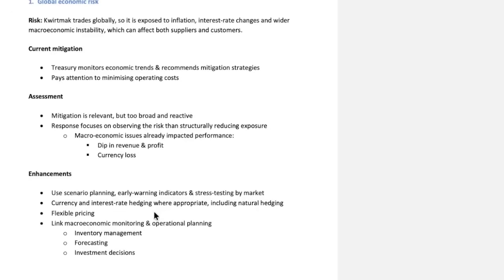Since there is no mention, be prepared to suggest better mitigatory strategies when you are dealing with questions to do with global economic risk exposure. And we might have to adopt flexible pricing, especially when dealing with customers located within countries which are exposed to extreme levels of inflation or adverse macroeconomic factors. And also, we have to link macroeconomic monitoring to operational planning.